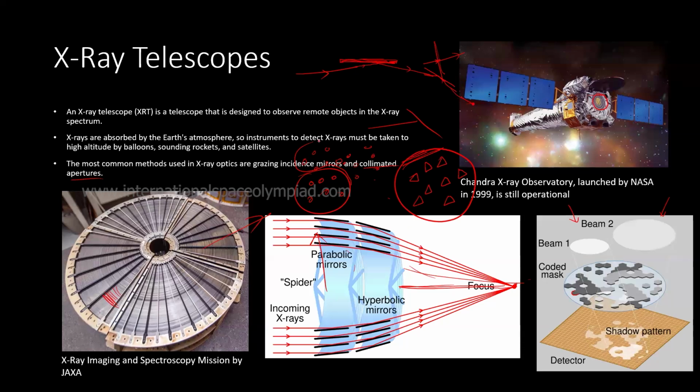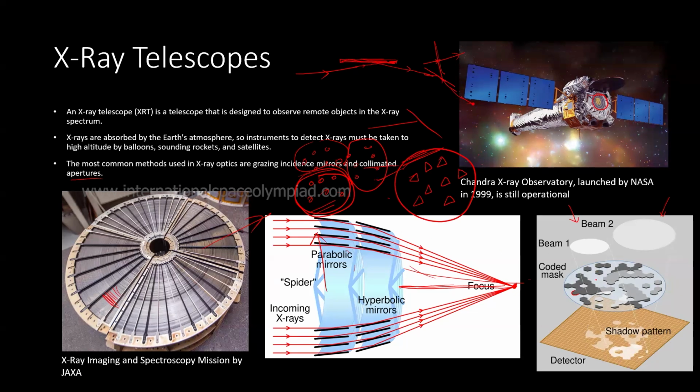So from this pattern, if you know what your mask was, you can actually determine what the X-ray source is, or what the shape of the source is. The shape of that source of light can be determined by just analyzing the shadow.